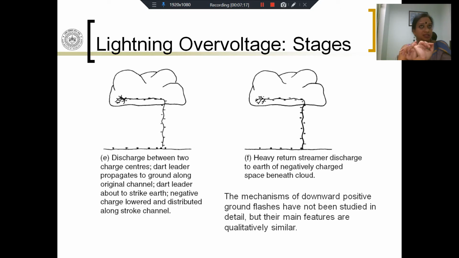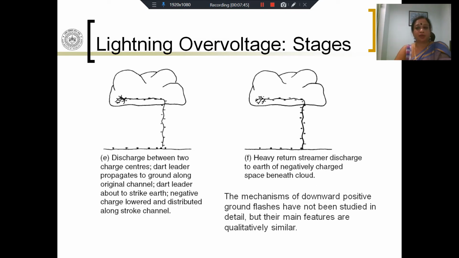One thing we understand is that generally when you have a lightning strike, you do not have a single strike. Normally you will have several strikes, and you may be able to count up to 40 strikes from one lightning. So one lightning strikes, a path is created, and then there are several subsequent strikes, and through those subsequent strikes, all the charge that is in the cloud will be discharged to ground.